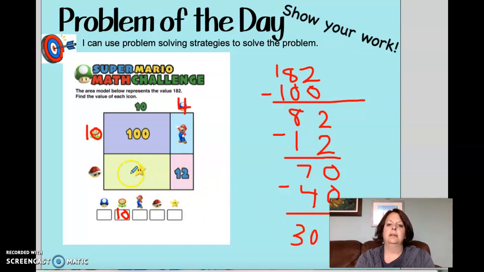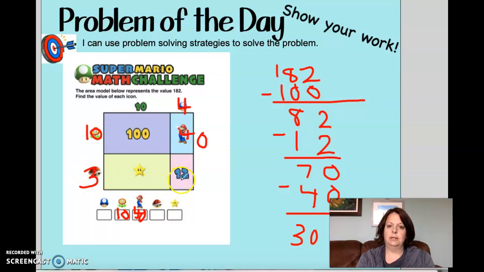So I know that 4 times 10 is 40, so I can make Mario a 40. And if this is a 4, then 12 divided by 4, this would be a 3.